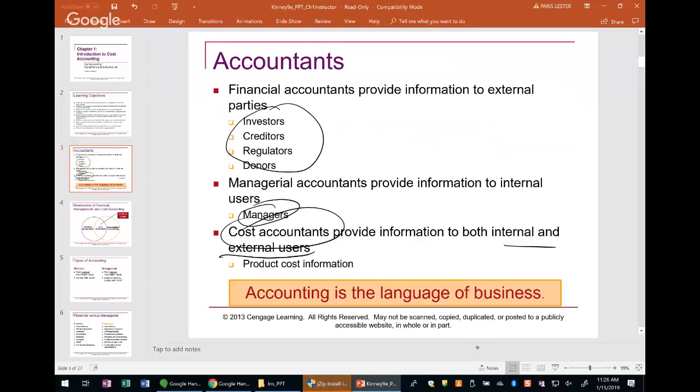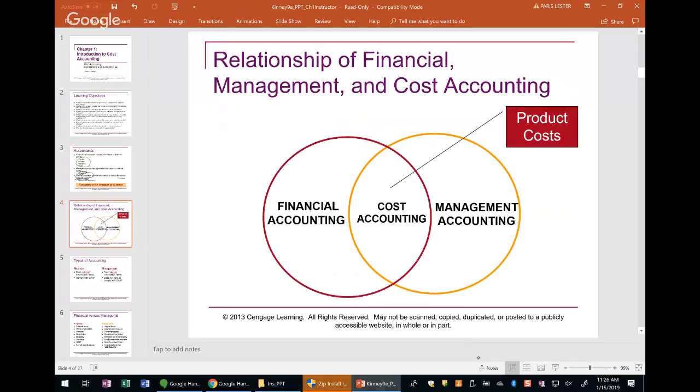Managerial accounting, you don't have to use GAAP. Cost accounting principles you do. So you can see the overlap here. Cost accounting overlaps with financial and with managerial. Managerial overlaps with cost.